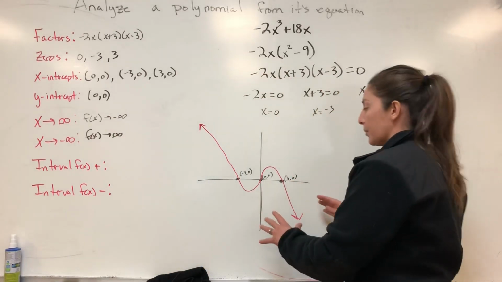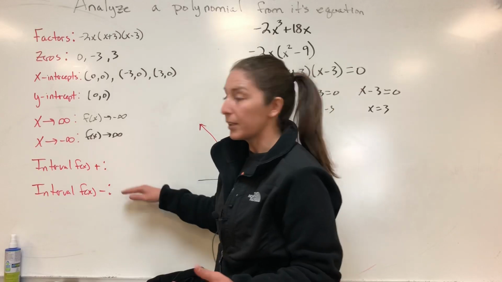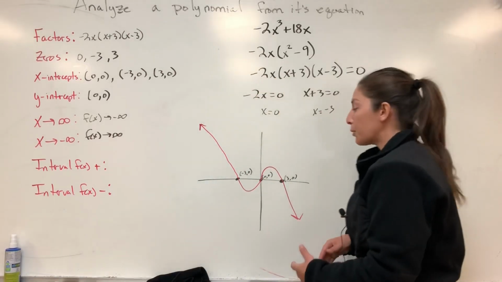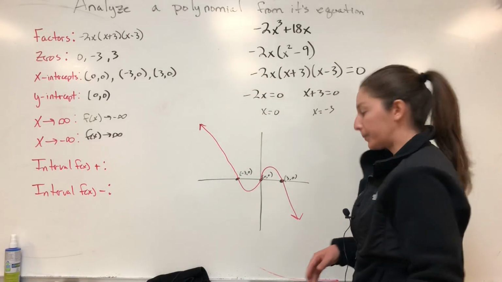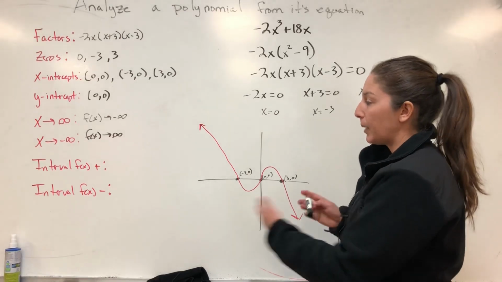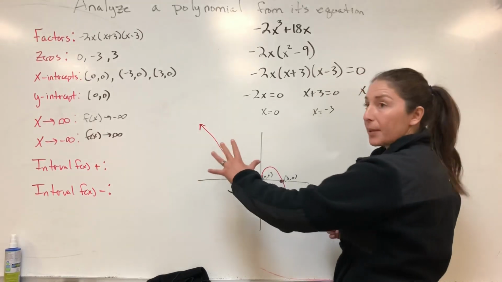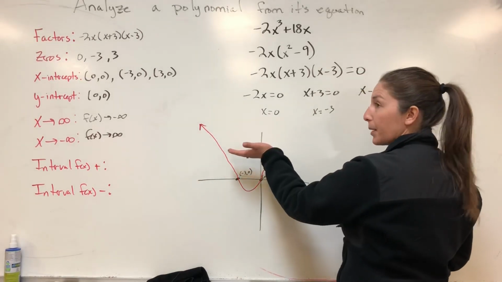With this picture in my head, I can now figure these two things out. Visual representations are really helpful. So let's see, where is f of x positive? Well, it's positive up here. f of x positive just means where does it exist above the x-axis?